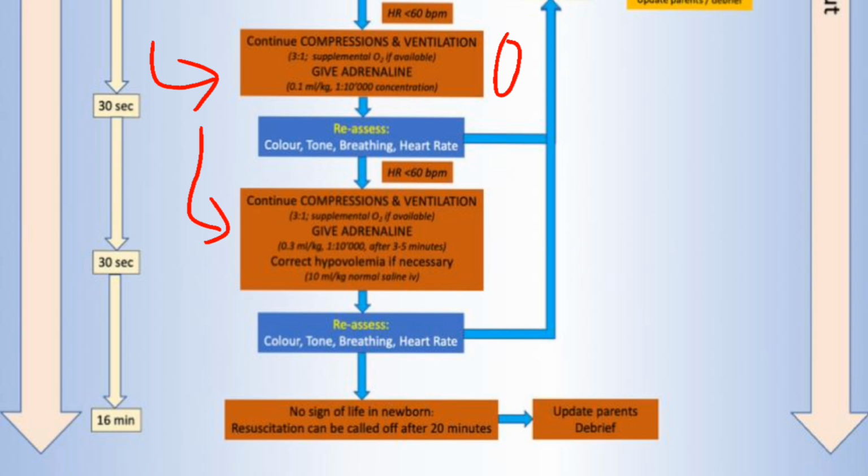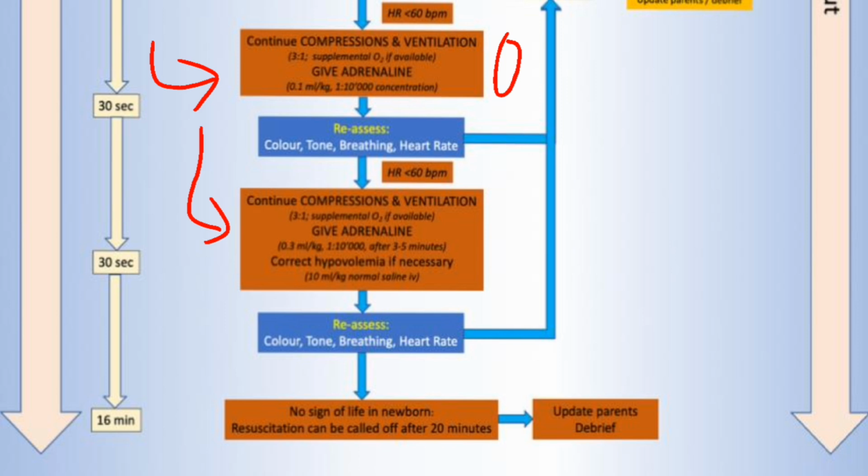So it can be given every 3 to 5 minutes if the heart rate is less than 60. Then also correct any hypovolemia if necessary. You can give 10 ml per kg normal saline IV if necessary.